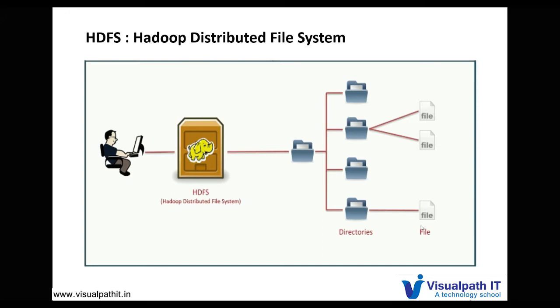For example, if you copy a file from outside to Hadoop, the file will be split into blocks. You can see here in the HDFS file system, it creates a directory, and under the directories the files will be stored. So these are the Hadoop file system storage level steps.